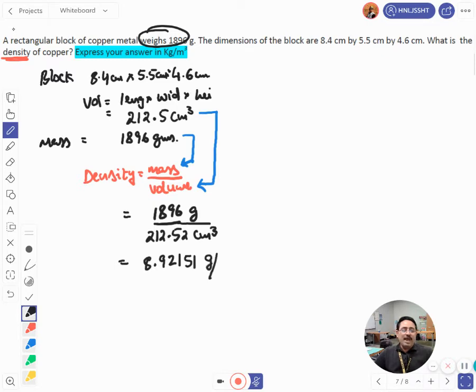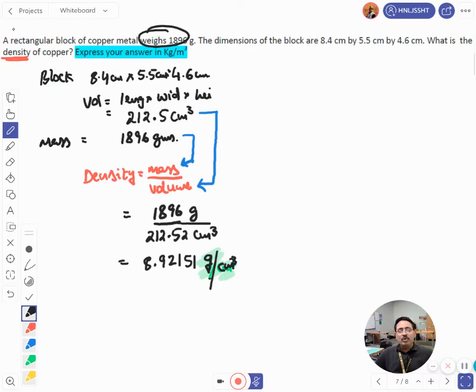Actually, whatever answer you got is correct, but the question says you are asked to express the answer in kilograms per cubic meter, but you got the answer in grams per cubic centimeter.